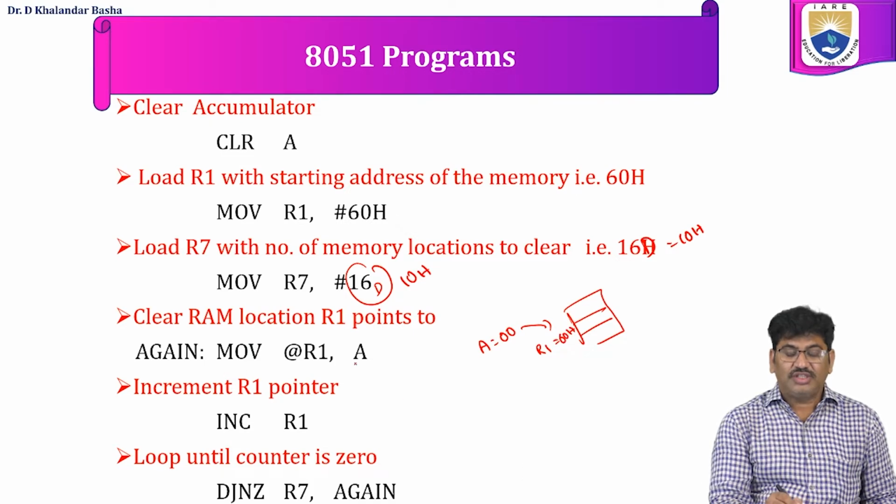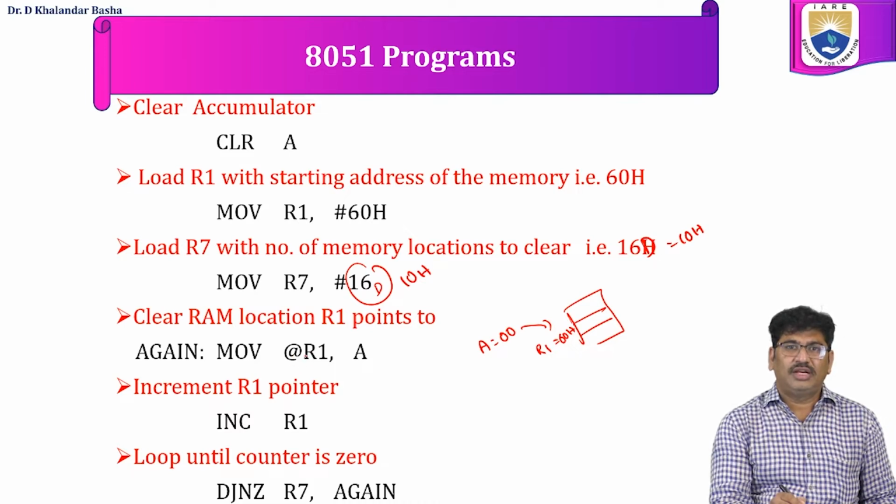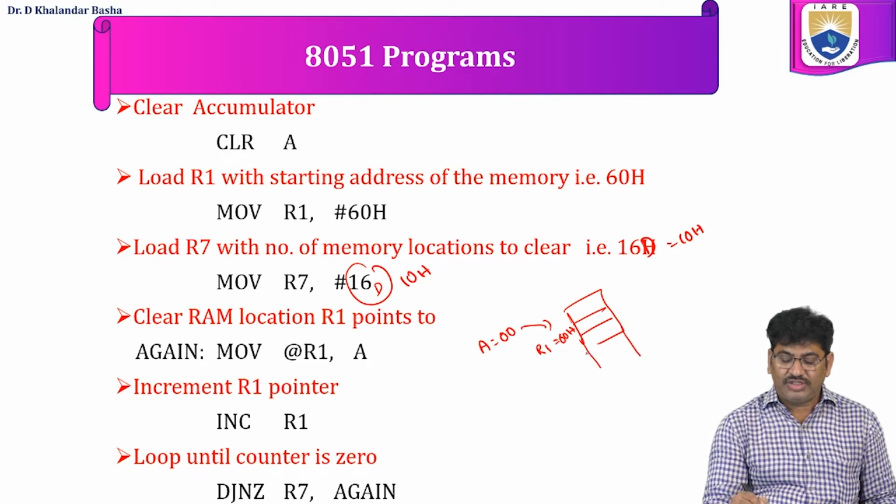So after executing this instruction, the accumulator contents, 00H, will be loaded into the memory location pointed to by R1, that is, the 60H location. As we have copied into one memory location, for fetching the next location, that is 61H, the R1 contents will be incremented.